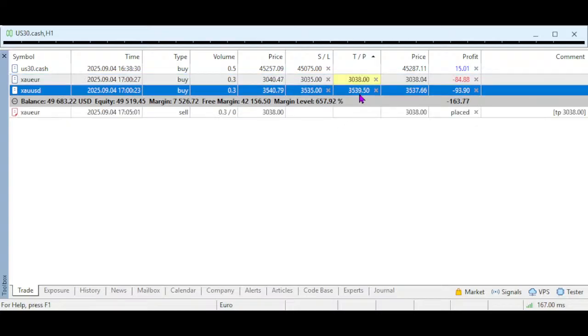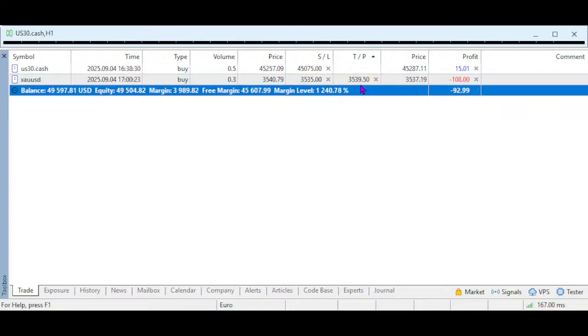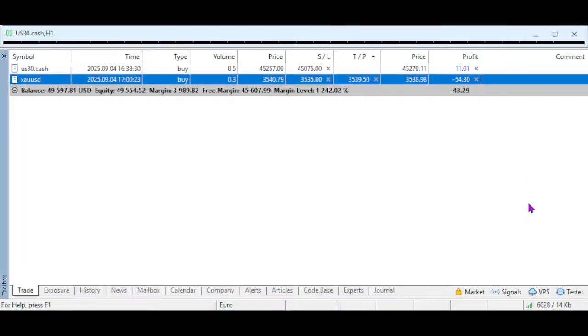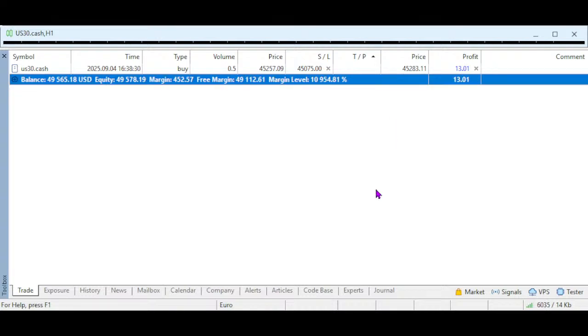The 39 half also, I want to try to close at 38. Okay, it's moving up, so the market is moving very fast. The 39 half is also closed.